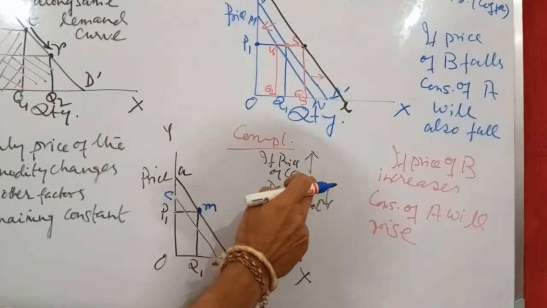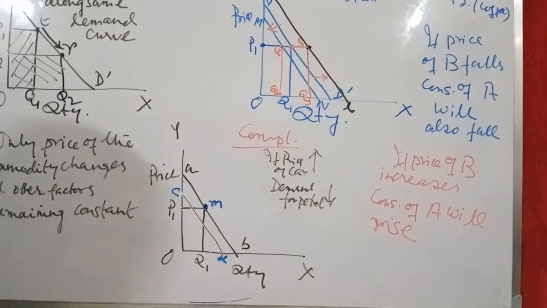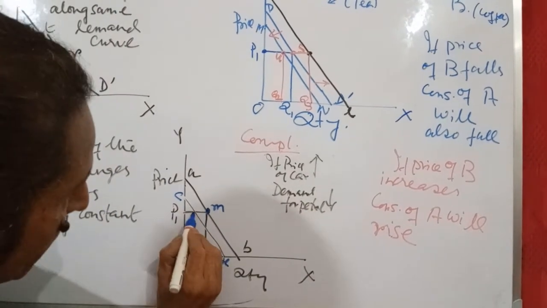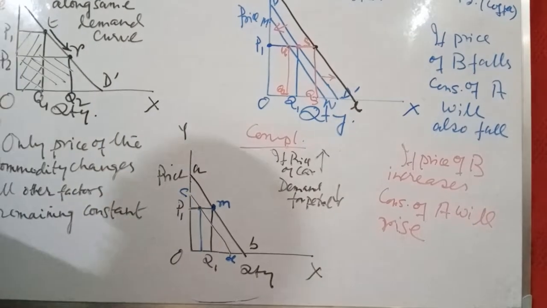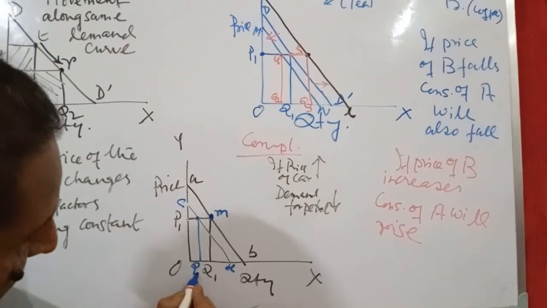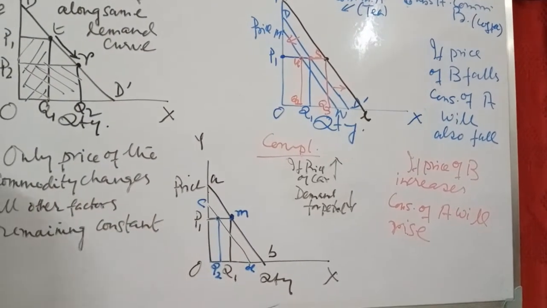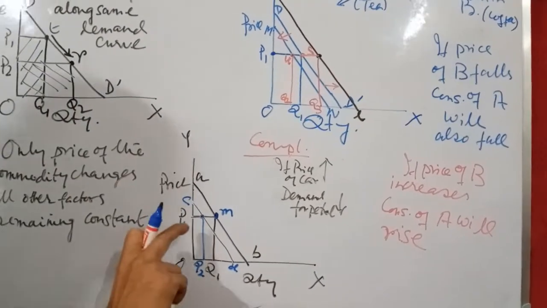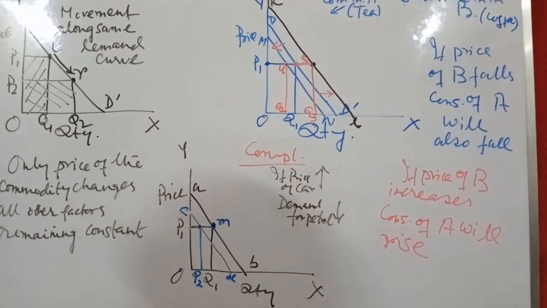As a result of increase in price of car, demand for petrol will fall. So the consumer will now purchase lesser amount of petrol even at the same price. That is, now he is purchasing OQ2 units of petrol, even though price of petrol has not increased. Correct?